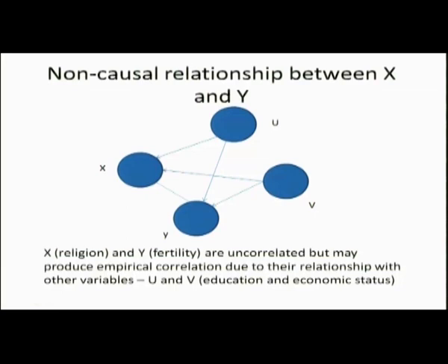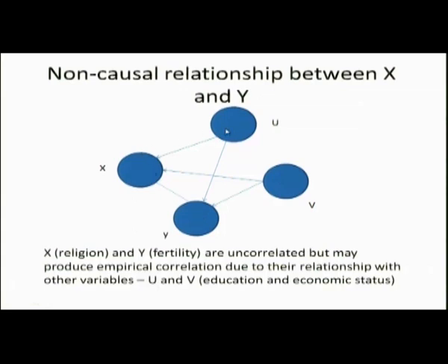This is an example of a non-causal relationship between X and Y. This is X, this is Y. Now, there is no causal relationship between X and Y, even though there may be some empirical relationship, meaning the correlation coefficient between these two variables may be significant or even high. Then why does correlation come?